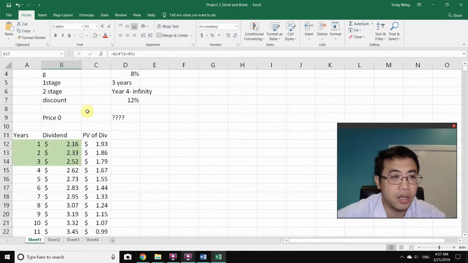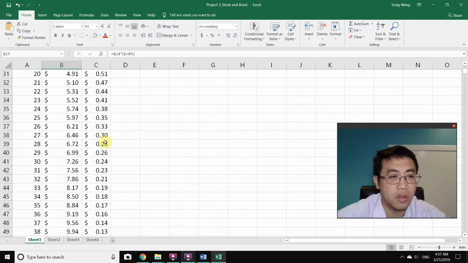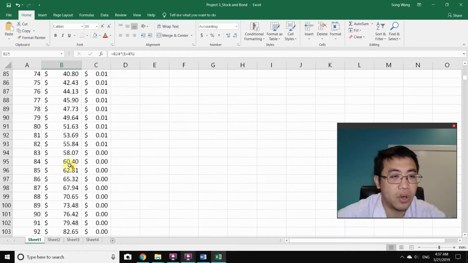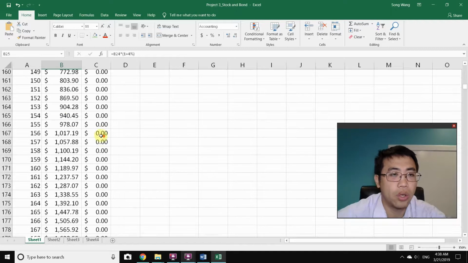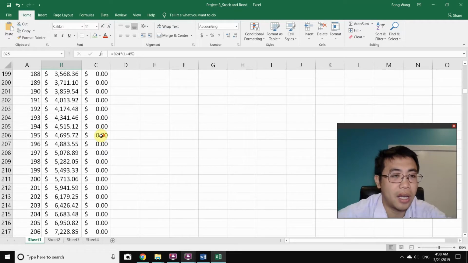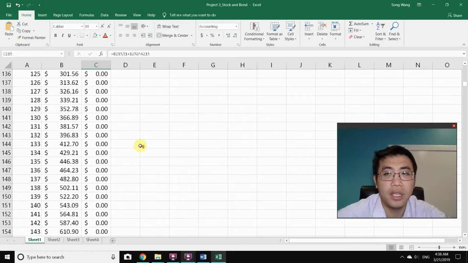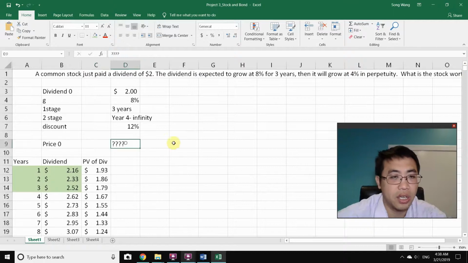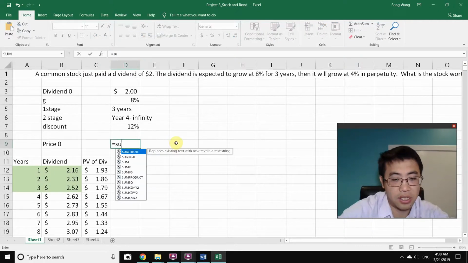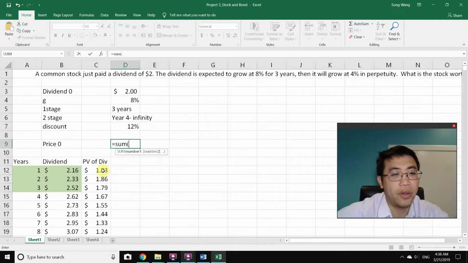The reason is the growth rate of the dividend, either 8% or 4%, cannot match the discount rate of 12%. No matter how large your dividend grows, hundreds, thousands, or even millions of dollars, if you apply the 12% discount according to each year, it will get down to 0. And the key of asset valuation is that the price today is a summation of the present value of all the cash flows it generates.